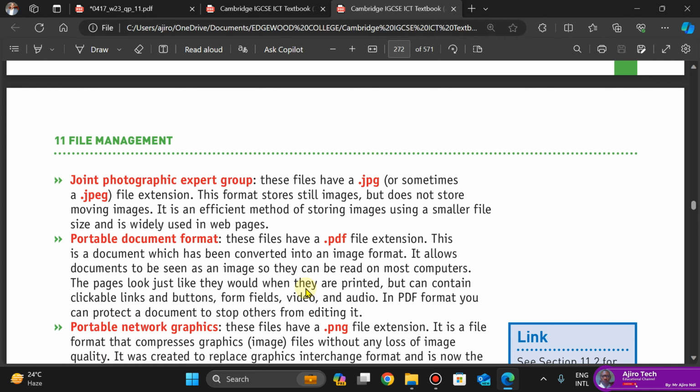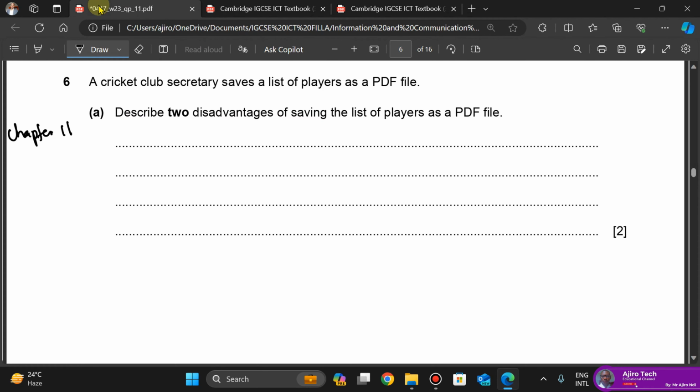In fact, it allows information to be read on most computers, right? And it looks at the way it's going to be printed. They can contain clickable links, buttons, fillable forms, etc. You can protect a document to stop others from editing it. That's the whole idea of PDF. So what are the advantages?